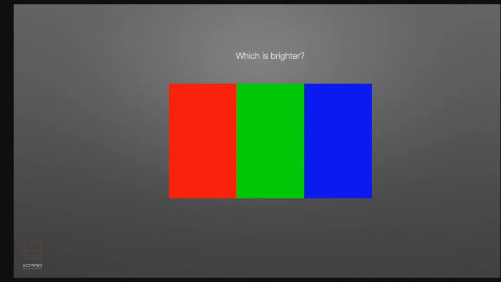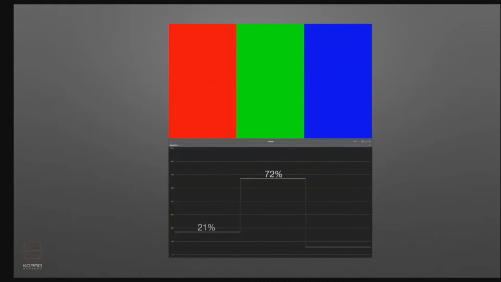I think the key thing is you wouldn't necessarily look at that blue and say it's considerably darker than the green or the red. But what's interesting is that because of the way the signal is processed, which mimics the way the eye works, if we look at this same patch on a waveform, you can see that the green is actually at 72 IRE and the blue is right down at 7.